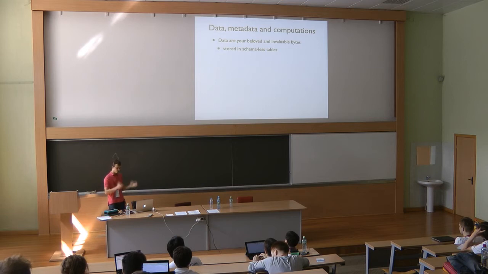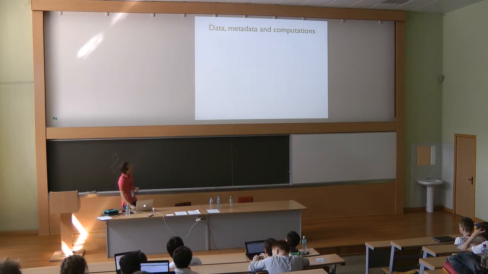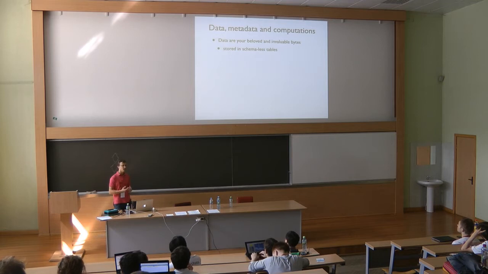But for the distributed system, everything is the same and everything is bytes. So we decided to store data in tables, and I'll cover that in the next slide, I suppose, the reasons why we decided to stick with tables instead of files as in Hadoop.